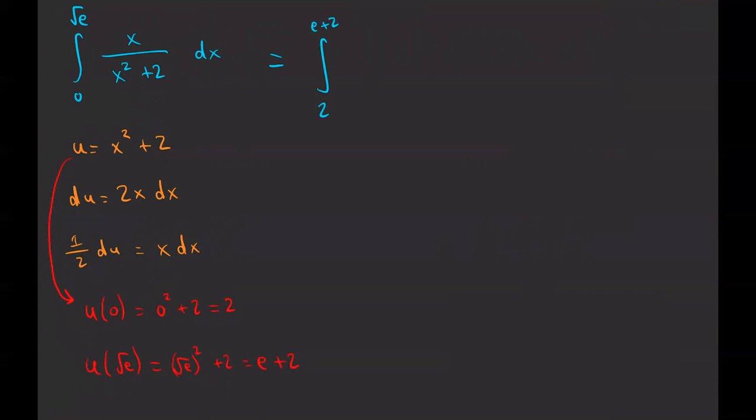And then remember that x dx was a 1/2 du, and then that x squared plus 2 on the bottom is a 1 over u. So I can clean this up a little bit: 2 to e plus 2 of 1/2, and I have a 1 over u du.